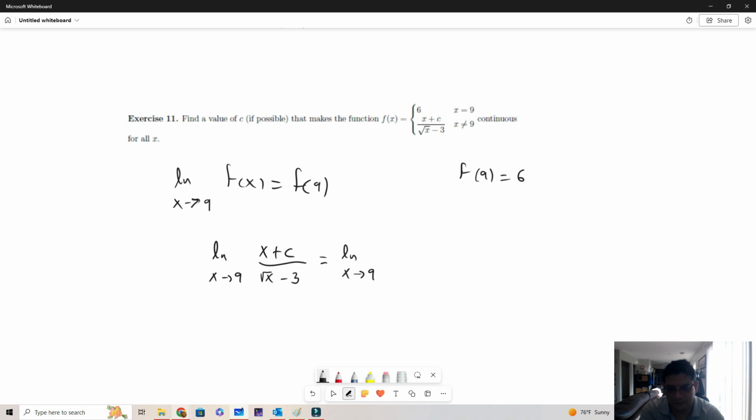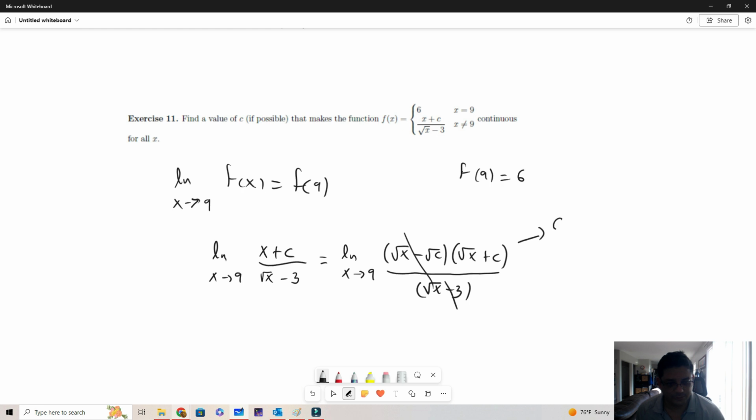Turns out that this is the limit when x goes to 9, and I can factor this as a difference of squares: the square root of x minus the square root of c, times the square root of x plus the square root of c. And I want to eliminate this down here. To be able to eliminate this one with this one, c needs to be 3. Let's find out if that's actually true.